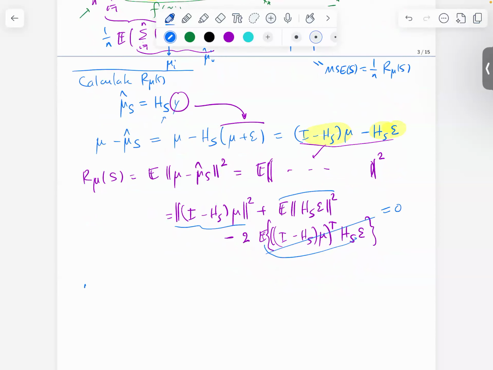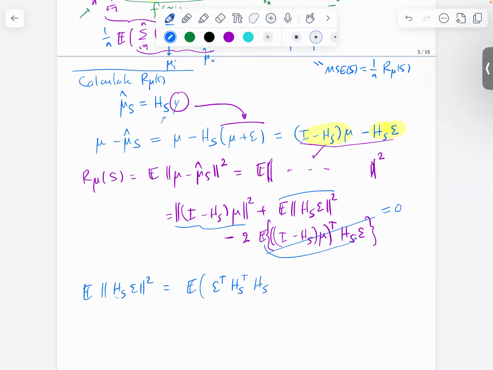So let's calculate this term. How do we calculate this? Epsilon transpose Hs epsilon. Yes, so you get epsilon transpose Hs transpose Hs.